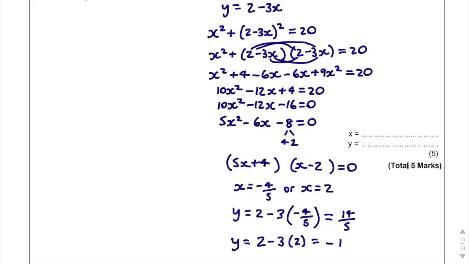That's going to give us minus 4. So I'm going to write these fractions as decimals. Minus 4/5 we know is minus 0.8. So I'm going to have minus 0.8 for x, or 2. And then for y, 14/5 is the same as 2.8. So we're going to have 2.8 or minus 4. And they are our final answers for question 16.